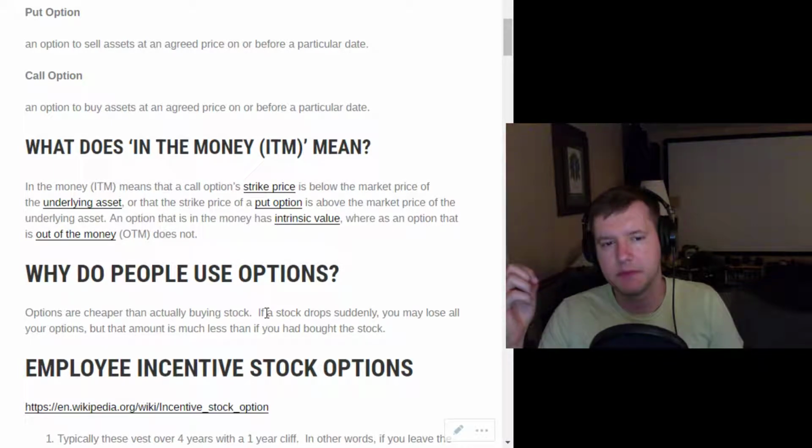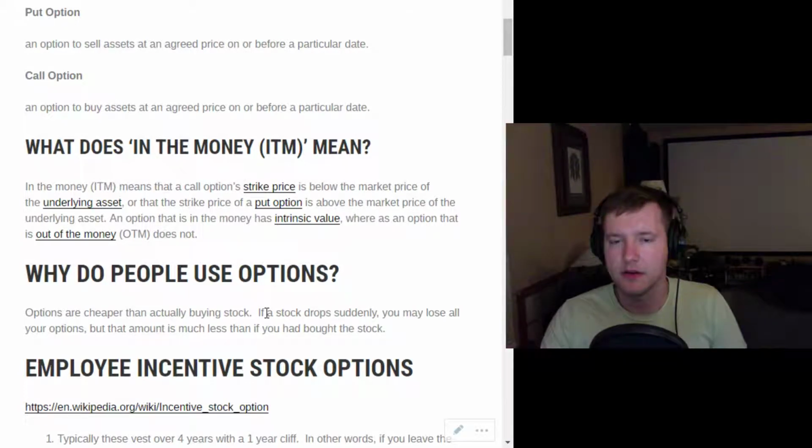But the more responsible use of options, right, is probably the fact that if you use the options as a protection mechanism against a stock dropping, when that stock drops, your options will go out of the money, and so they won't be worth anything. But you'll only lose the money that you paid for the options rather than money that you paid for stock.